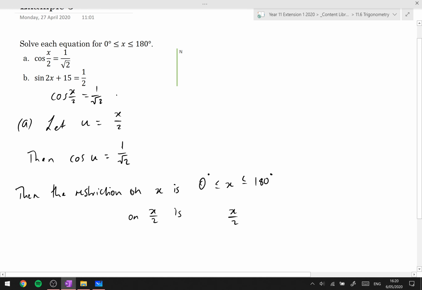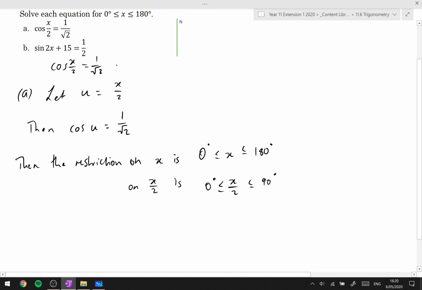If x is between 0 and 180, then effectively halving all of the possible values of x means x on 2 must be between 0 and 90 degrees. I'm dividing this by 2 and that by 2: 0 divided by 2 is just 0, 180 divided by 2 is just 90. But we know that x on 2 is just u, so u is between 0 and 90 degrees. So this is basically just setting up our restrictions on u.